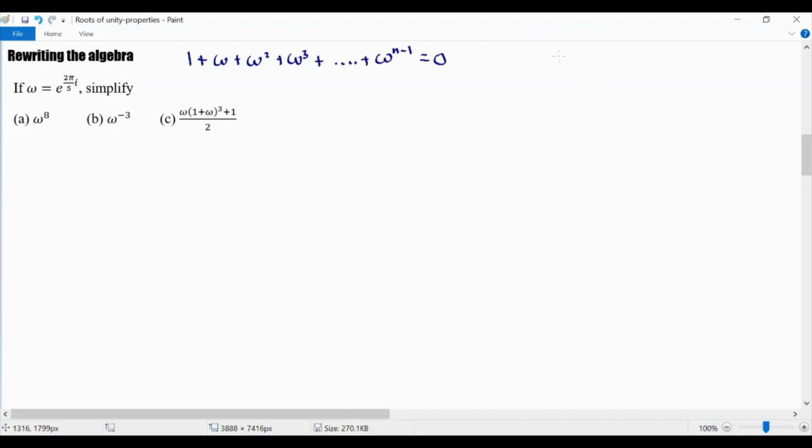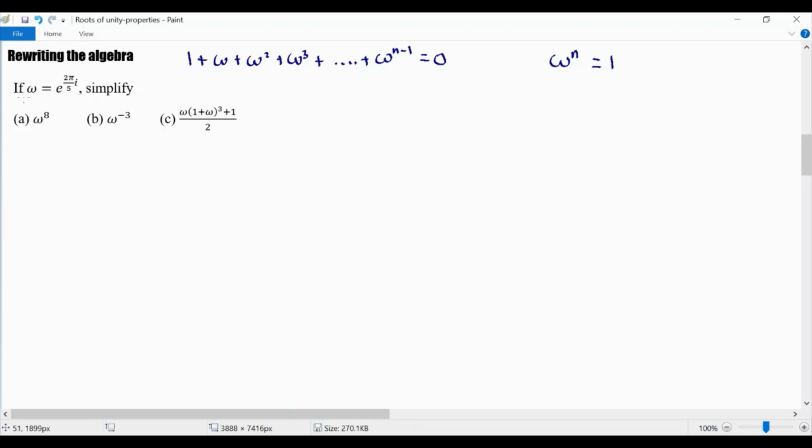And the other roots of unity property, which we did mention earlier as well, is that omega to the power of n is equal to 1. Because if z equals omega is a solution to the equation z to the n equals 1, then logically it follows that omega to the power of n must also equal 1, because if it must satisfy the equation, it must work in the equation. So using these two properties, we can sometimes simplify some algebra if we know something.